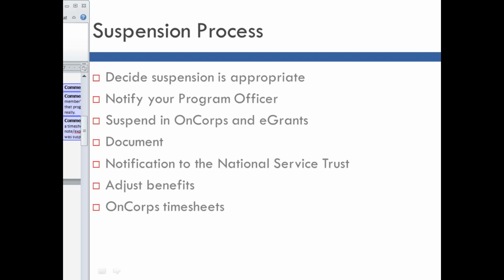So as long as you're conducting that suspension in eGrants, you're fulfilling that requirement in the terms and conditions. And then depending on a few different factors, you will have to adjust the benefits of the member that is under suspension, and we'll go into that in a little bit more detail.